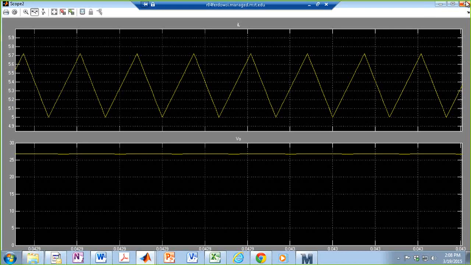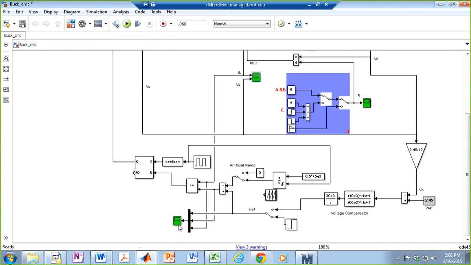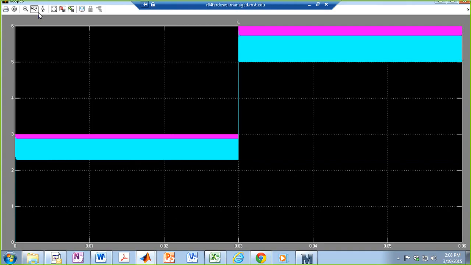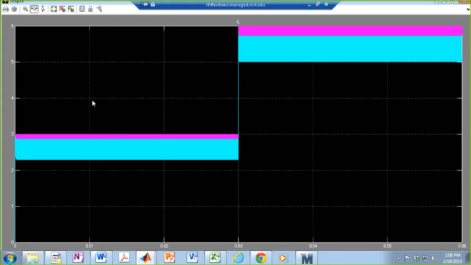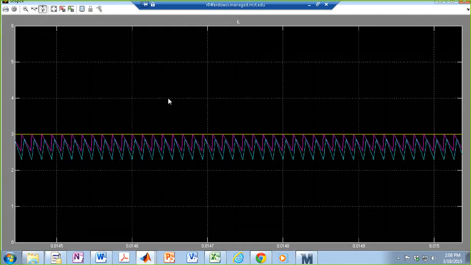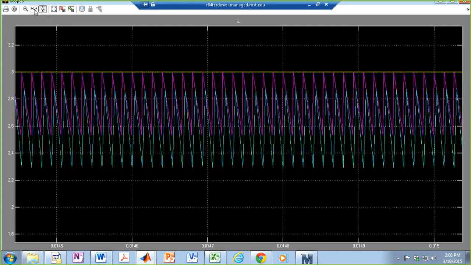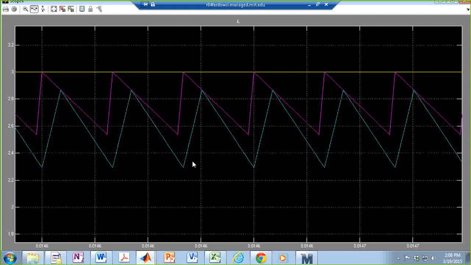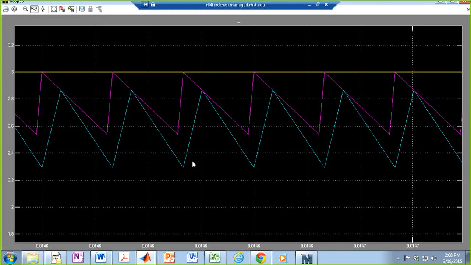To make it more clear, let me show you actually this signal. So here I'm actually plotting 3 signals. The yellow one is the reference for the inductor current, which was 3 initially. The purple one is when I subtract the external ramp from the reference, and the blue one is the inductor current.